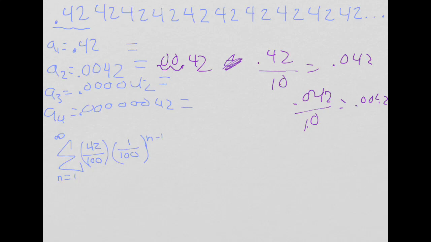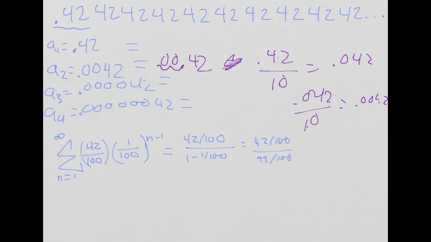So now we want to know what's the sum, so we use our formula. Since our ratio is most certainly less than 1 and greater than -1, we can use our formula that says take your first term and divide it by 1 minus your common ratio. So we do that, and we get 42 over 100 divided by 99 over 100.